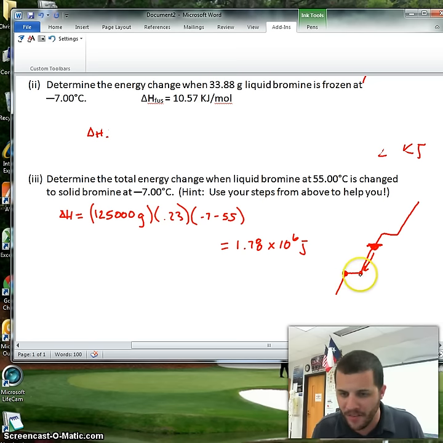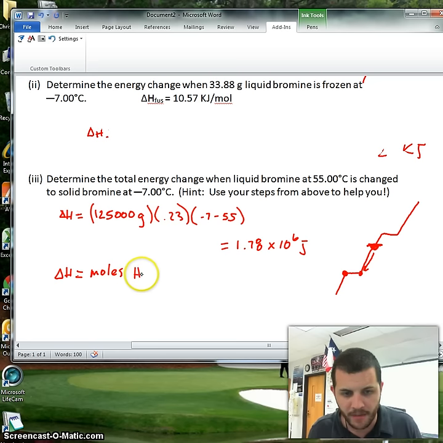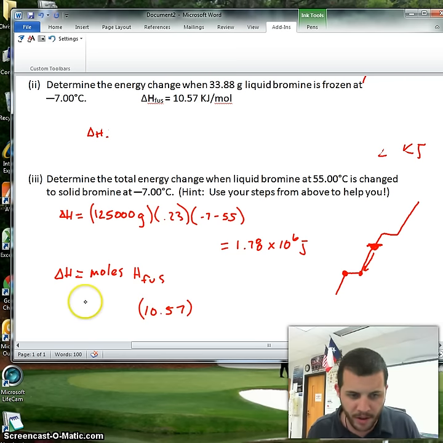Now I also have to go from here to here using my delta H equals heat of fusion formula, equals moles times heat of fusion. And I know that my heat of fusion from back here is 10.57. My number of moles would be 125,000 divided by the molar mass. The molar mass was 159.8.